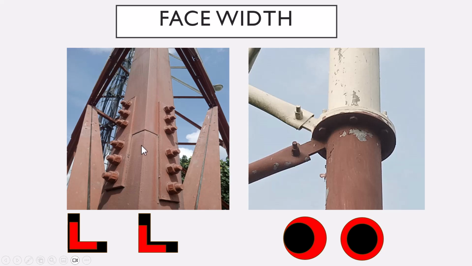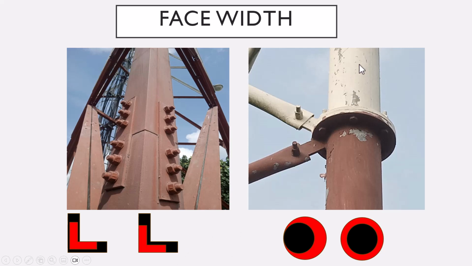Trying to connect those two members together will be really tough. I don't think it is actually possible. So these angular lattice members are connected at the edges. As you can see here, they are connected at these corners, so the face width of that very section of the tower has to be taken from this edge to the other edge.